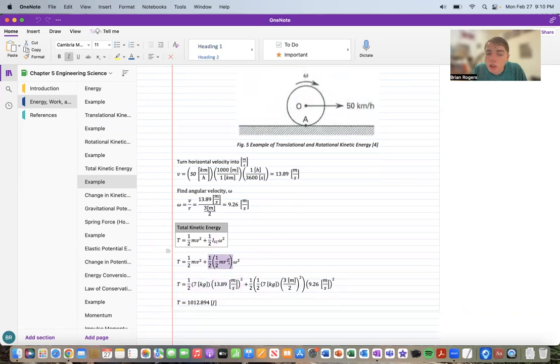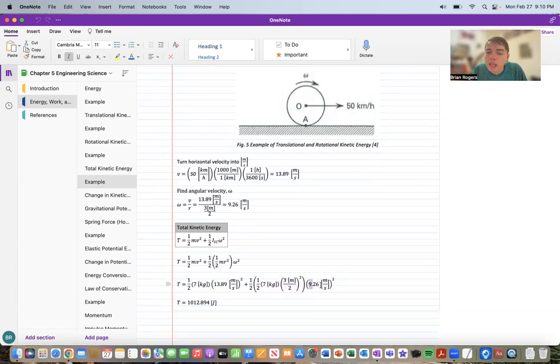And so for the rotational part, remember, we're working with a disk. So our mass moment of inertia around an instantaneous center is given by 1/2 mr squared. Now, plugging in, the mass of the disk is 7 kilograms. Our radius is given by the diameter divided by 2.